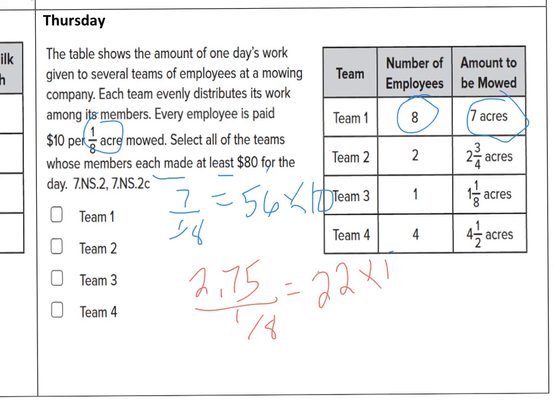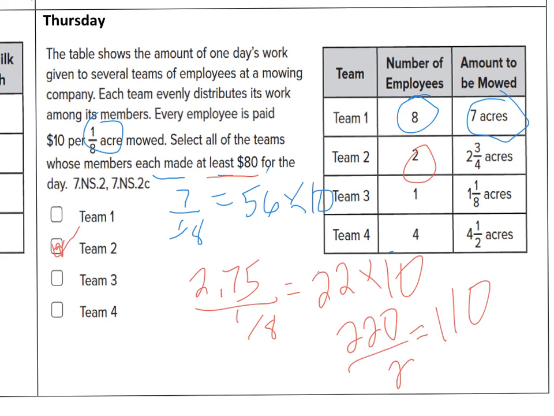Then we multiply that by 10, and that's $220. Divide it by 2 employees, and we end up with 110. So each of the 2 employees would make $110. Well, that's at least $80, so we would select Team 2 for sure.